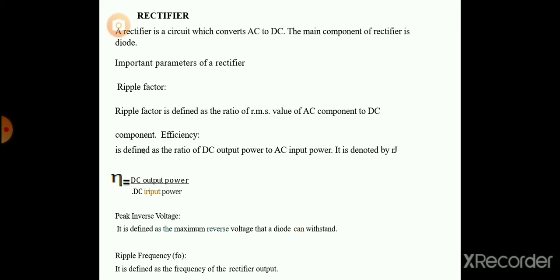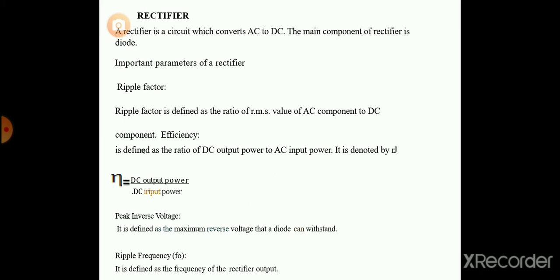Important parameters of a rectifier. First one, ripple factor. Ripple factor is defined as the ratio of the RMS value of the AC component to the DC component. Ripple means unwanted AC present in DC.